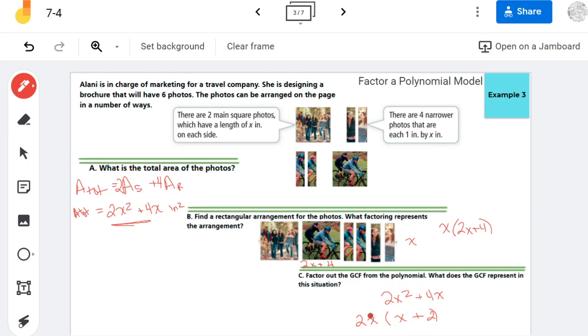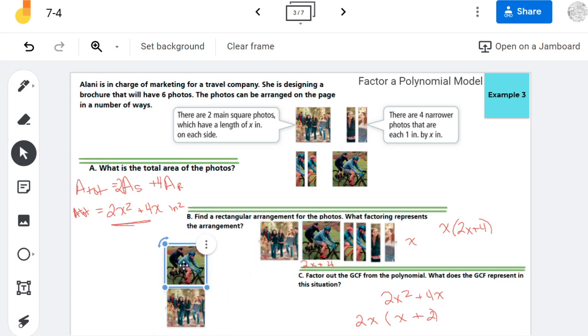So this situation here is just another possible area model. Okay, so what this is saying is that I can take these shapes and have them be 2x high, and then the x plus 2 is talking about this side here.